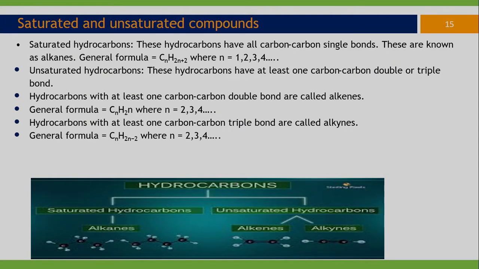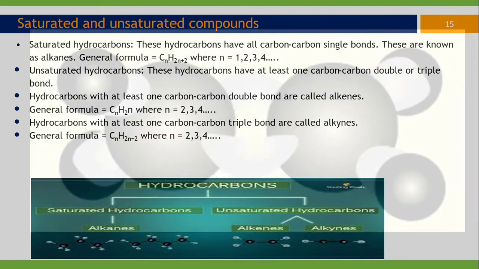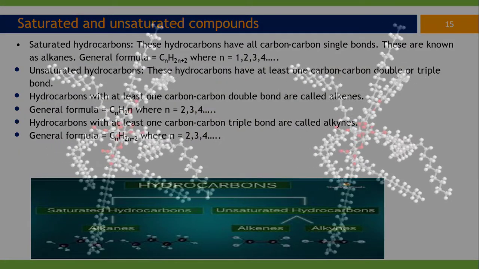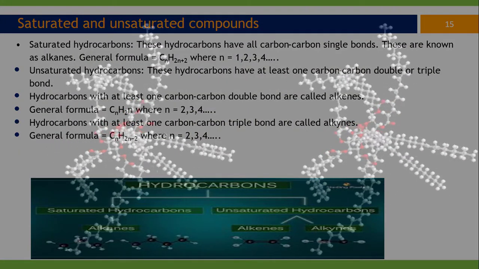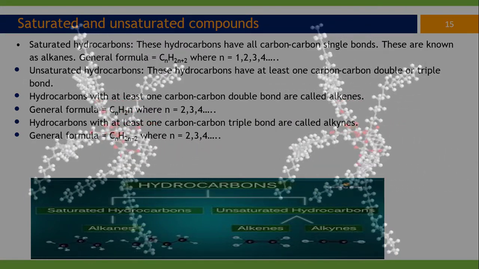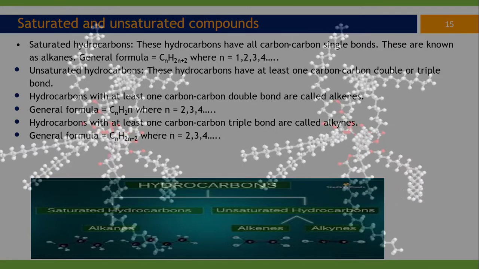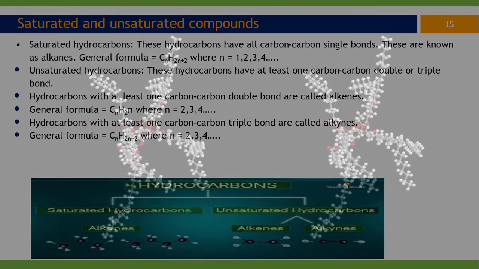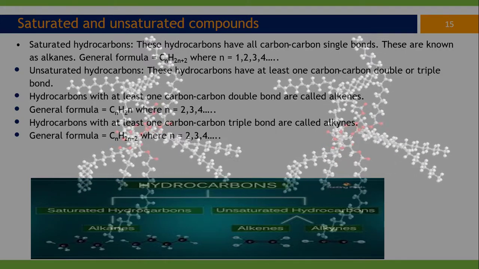These hydrocarbons have at least one carbon-carbon double bond or triple bond. Hydrocarbons with at least one carbon-carbon double bond are called alkenes with the general formula CnH2n. Hydrocarbons with at least one carbon-carbon triple bond are called alkynes. Their general formula is CnH2n-2. Look at the classification of hydrocarbons.